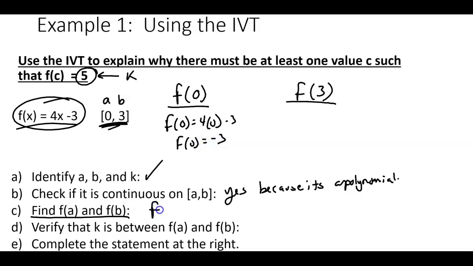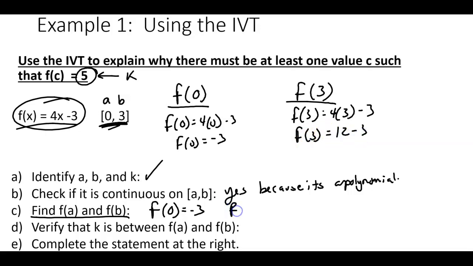So f of 0 equals negative 3. Next one is going to give me 12 minus 3, which is 9. Let me write that down real quick. So as my x values go from 0 to 3, my y values go from -3 to 9.